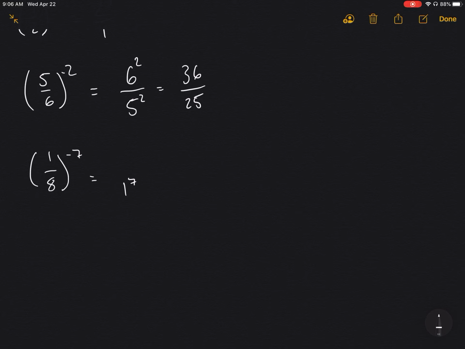But we'll write it. And then 8 goes to the numerator, also raised to the 7th. So the 1 on the denominator doesn't really do anything. Our solution would just be 8 to the 7th. I don't have a calculator by me at the moment, but some big number, right? All that happened was the 8 came to the top, the 1 went to the bottom, and our exponent became positive. So it flips, and that allows our exponent to become positive.